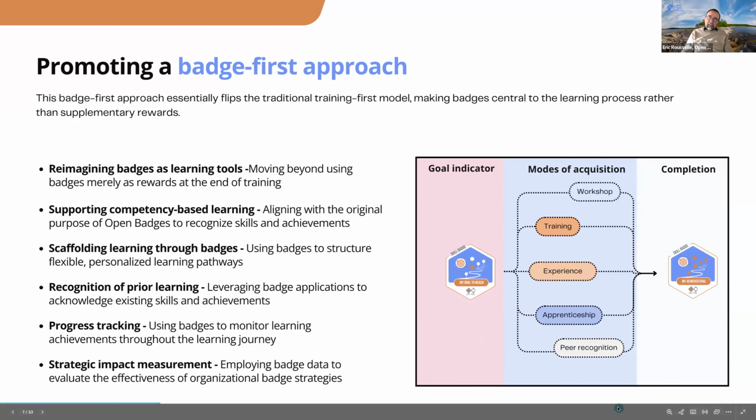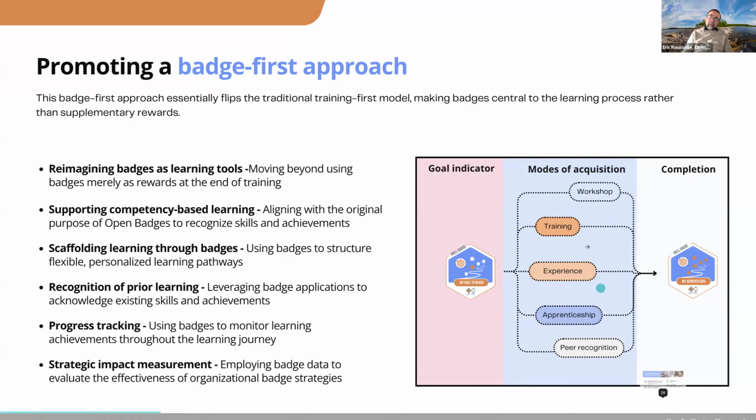Usually, in many traditional credential approaches, there is always some training somewhere. So the starting point is the mode of acquisition. You have a training or a workshop, and after this initial activity has been completed, you have the completion stage where you get the badge because you have complied with some criteria.